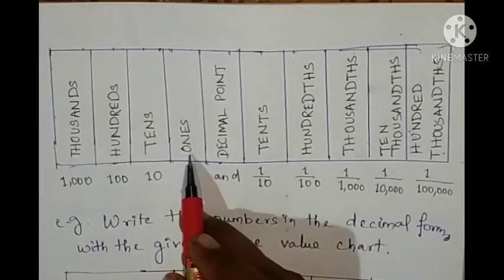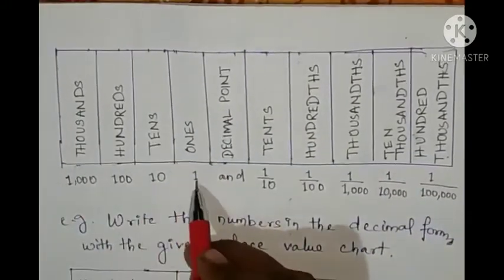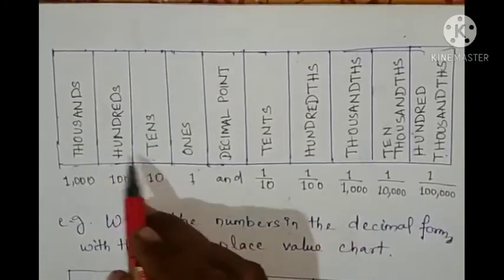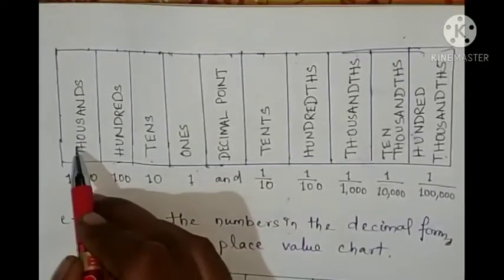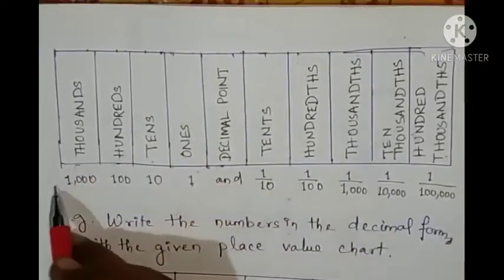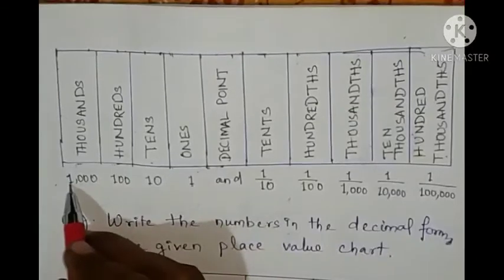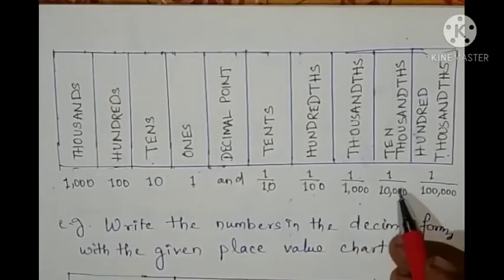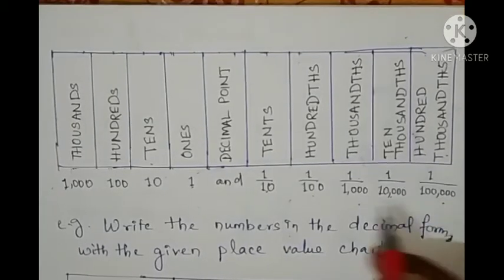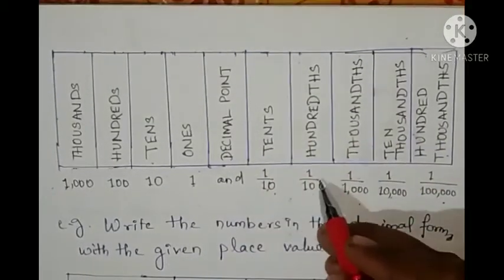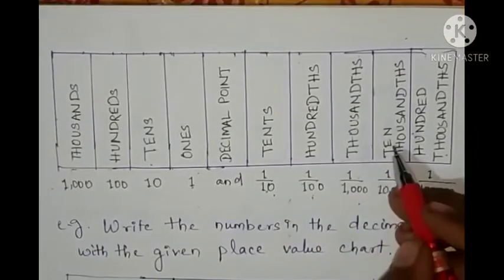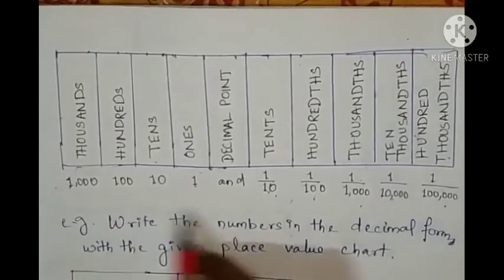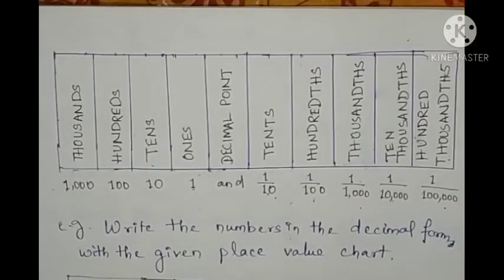If you go towards the left, it is ones, tens, hundreds, thousands. Here you have 1, 10, 100, 1000 places, but on the right it is 1 by 10, 1 by 100, 1 by 1000, 1 by 10,000, 1 by 100,000. You put them as 10th, 100th, 1000th, 10,000th, 100,000th places, after the 100's place.